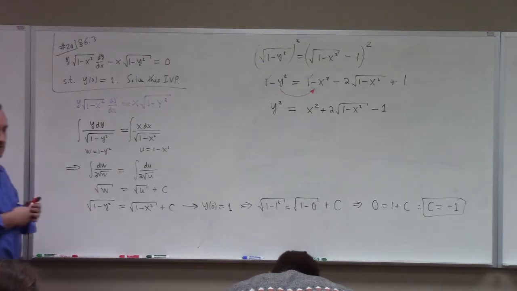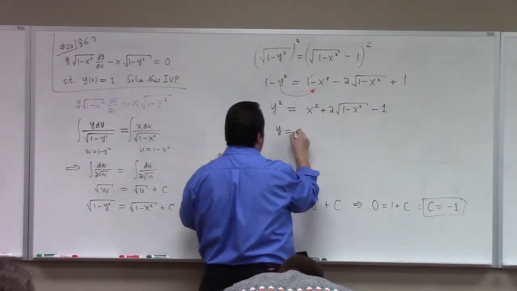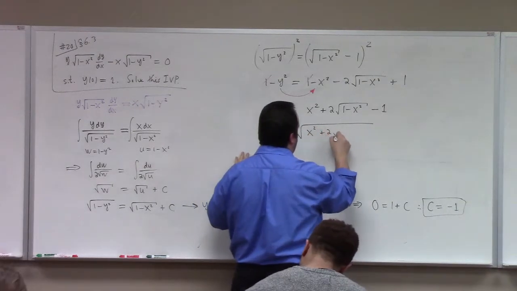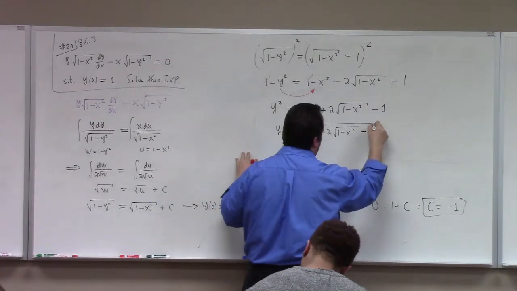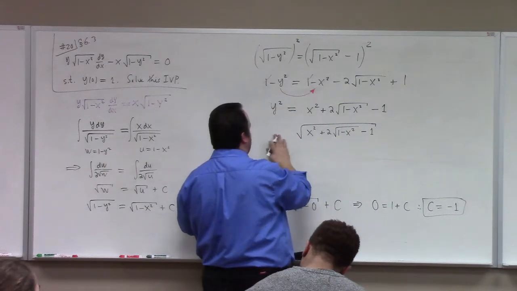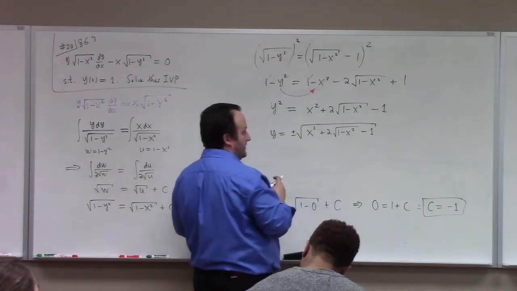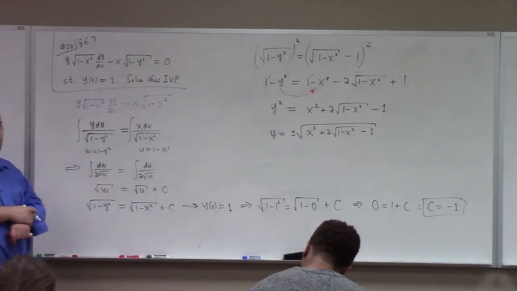So, great. To solve for y, I've got y is equal to the square root of x squared plus twice the square root of 1 minus x squared minus 1. But to be careful, we should put a plus or minus there, right? But if you think about it, we can choose the plus.